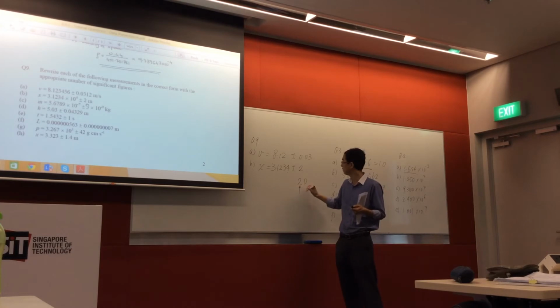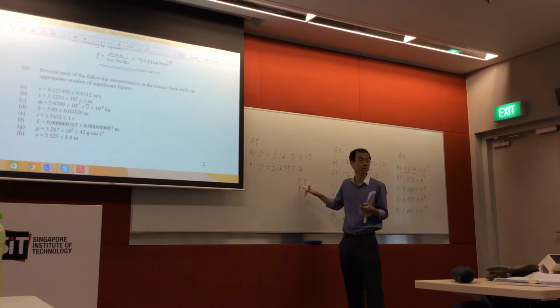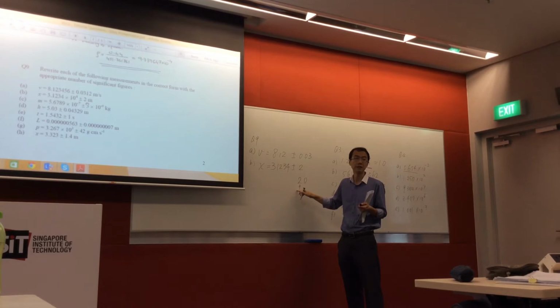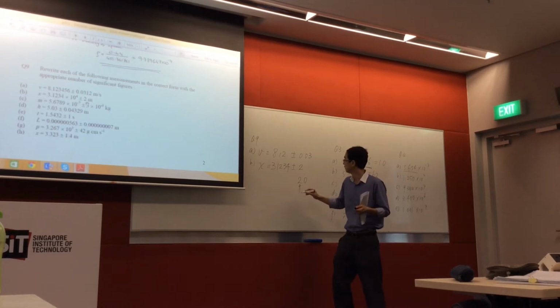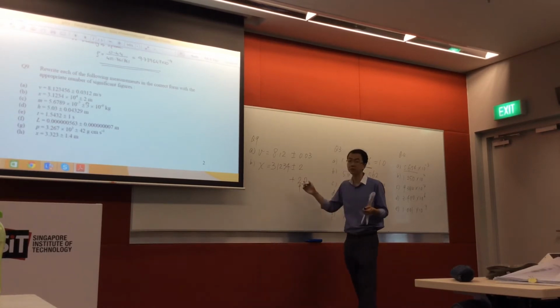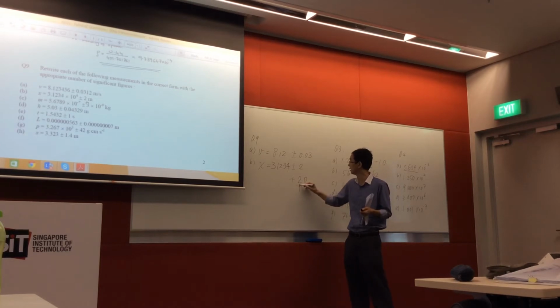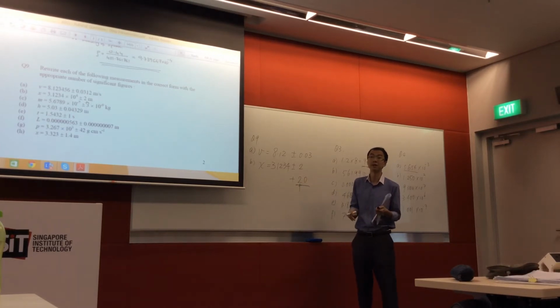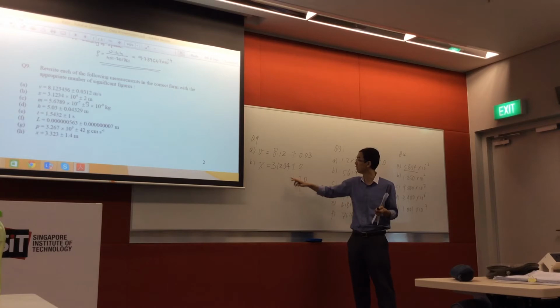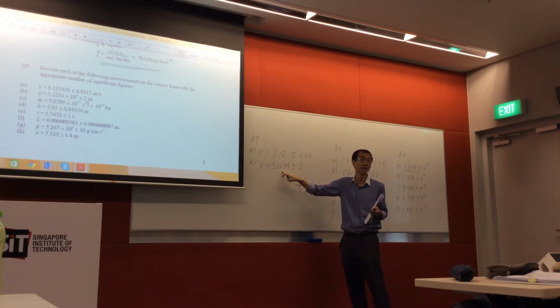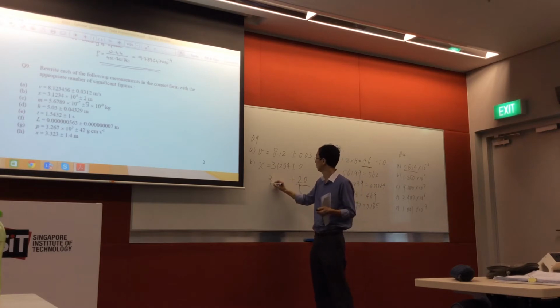It's 10 to the power of 1. Okay, let me ask you this question. If my uncertainty is 20, how should I report this number? It will be 3, 1, 2, 3, 0.